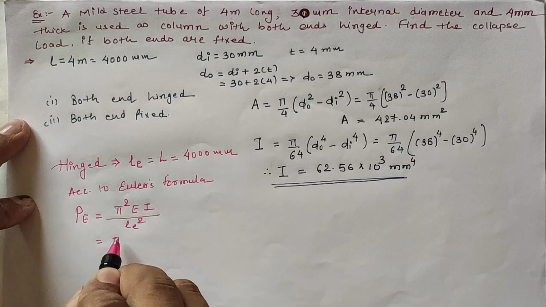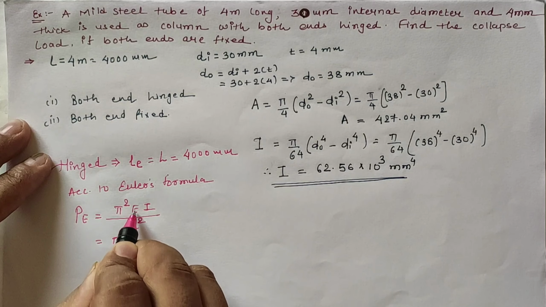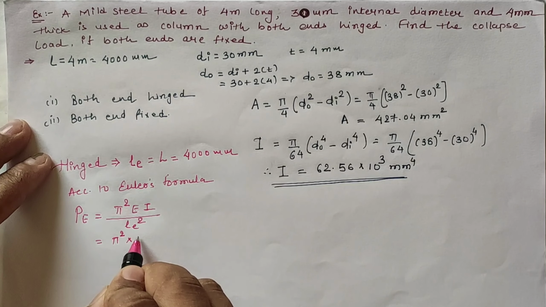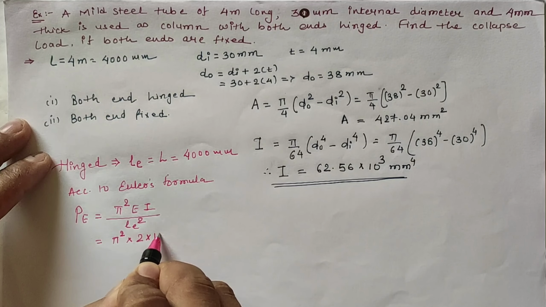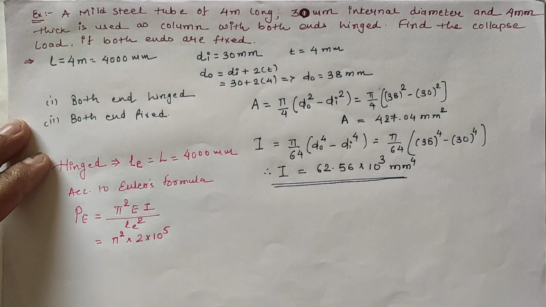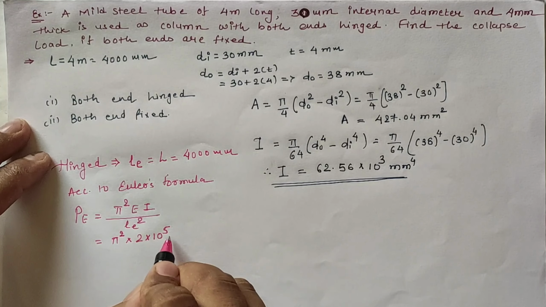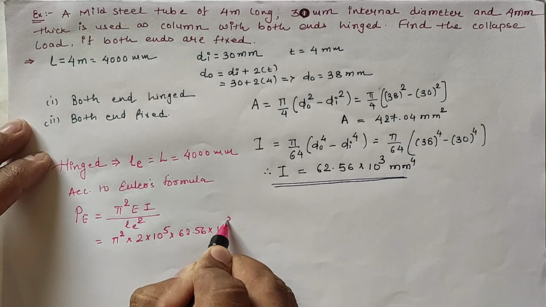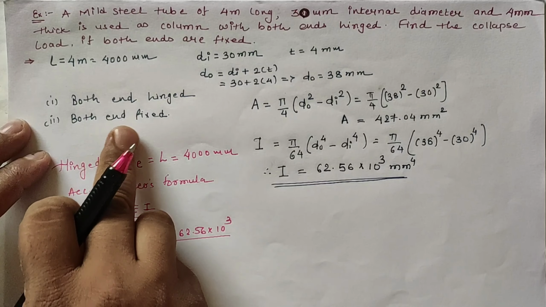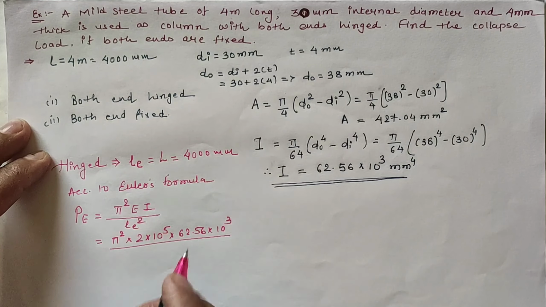Putting up values, pi square is constant, capital E, the modulus of elasticity of the section, can be taken as 2 into 10 raised to 5 Newton per mm square, and moment of inertia is 62.56 into 10 raised to 3. For both ends hinged, our LE is 4000.